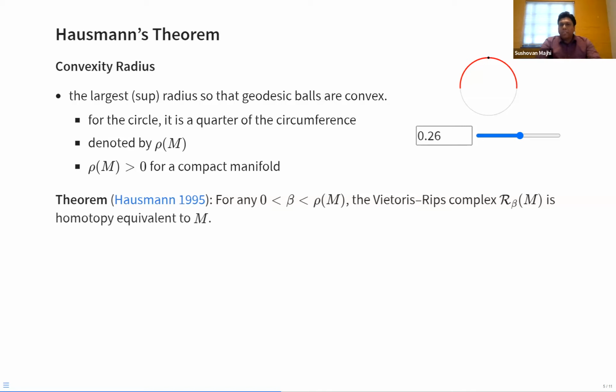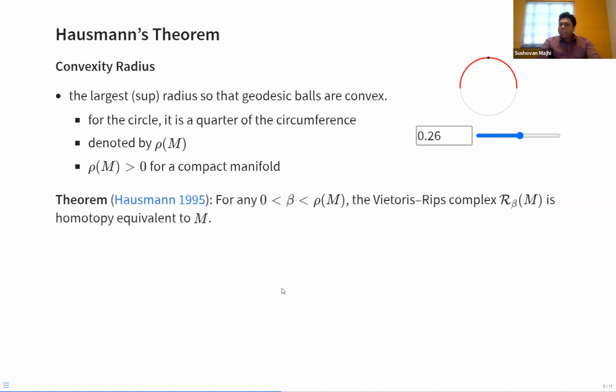So here is Hausmann's theorem. It says that if your scale for the Vietoris complex, beta, is within the convexity radius of the manifold, then the Vietoris complex that you build on the entire manifold with the scale beta is going to be homotopy equivalent to M. And Hausmann, in his paper, actually constructed explicitly the homotopy equivalence map.